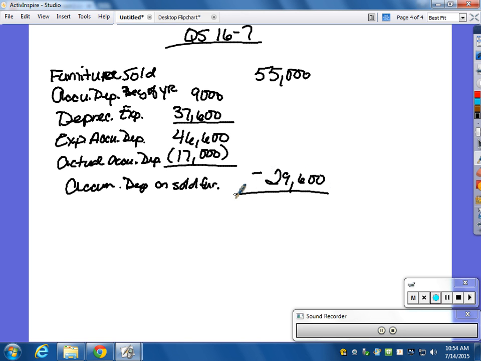When you subtract that from how much you sold it for, that means the cash actually received was how much? 29,600 from 55,000. 25,400.